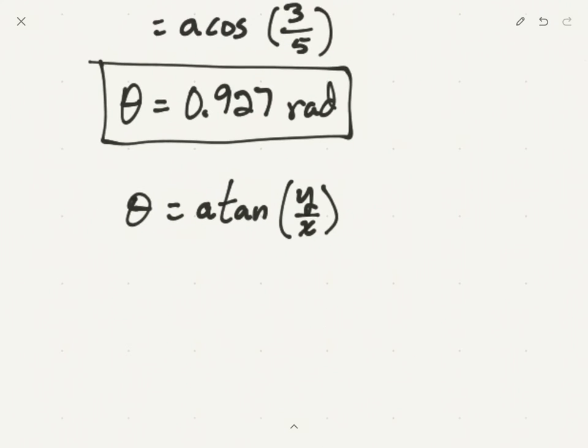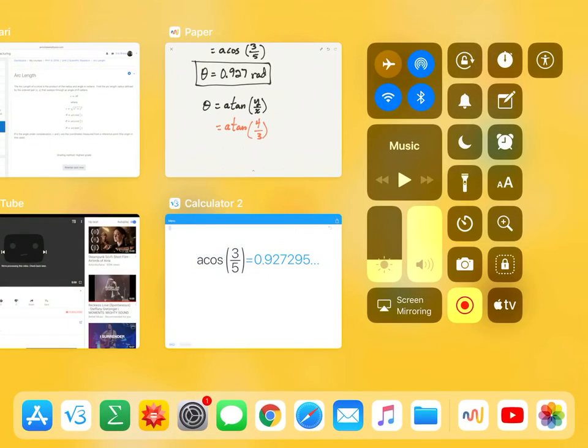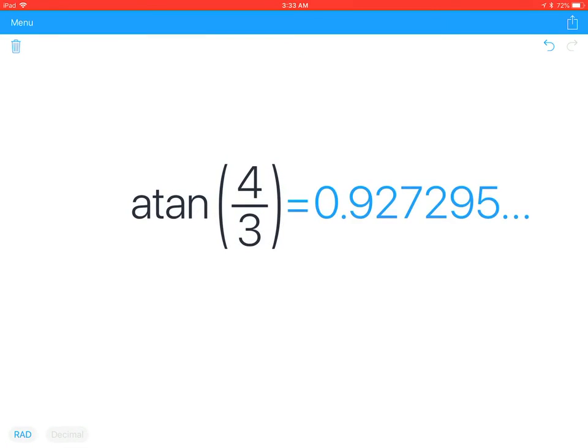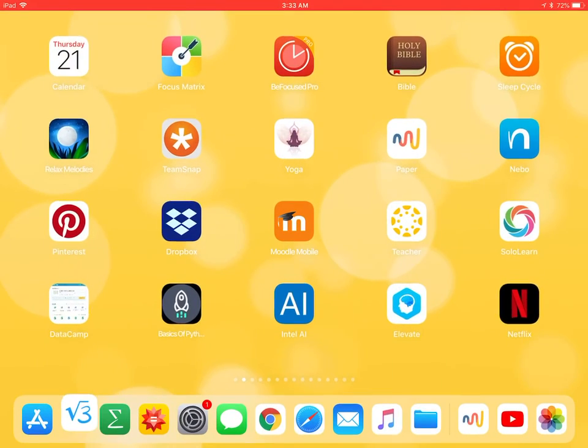And since you have a coordinate pair of 3, 4, you don't have to find the radius. You can just say that this is atan of 4/3. And let's see if that gives us the appropriate answer. And it does. It's the same value.